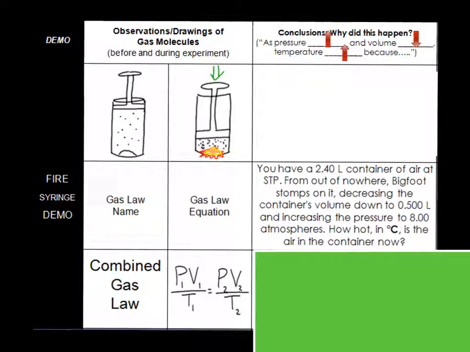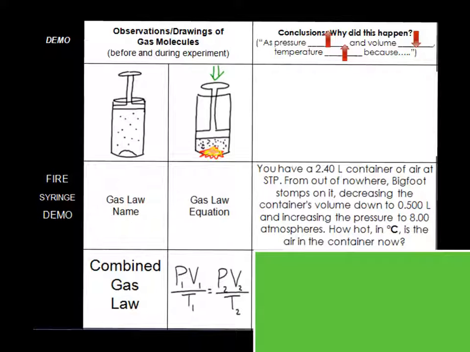How hot in Celsius is the air in the container now? And one thing I want to point out here is that the container is at STP. So remember, that's 273 Kelvin. All right, take a minute, work with the people around you, and we'll come back and we'll answer this one together.